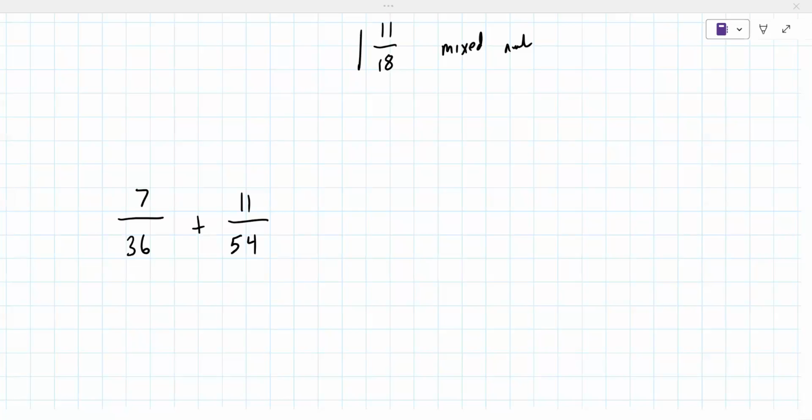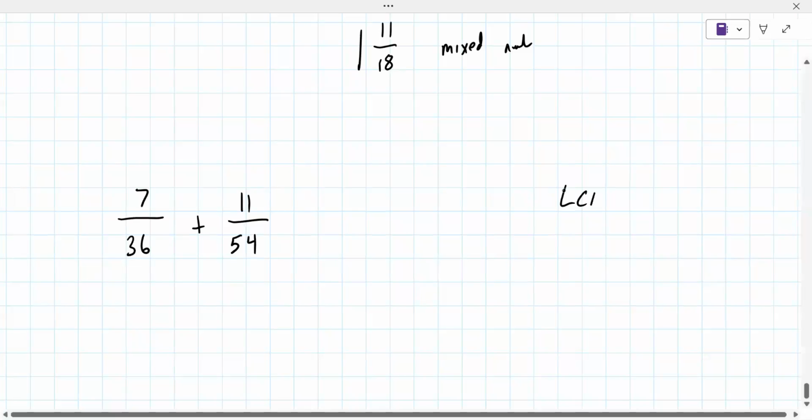Okay, so I don't know if this is right, but for the least common multiple, I got 108. You are correct. Okay, just checking.